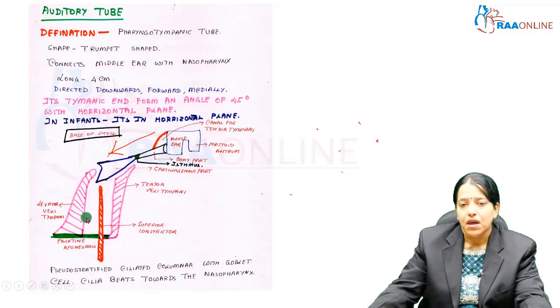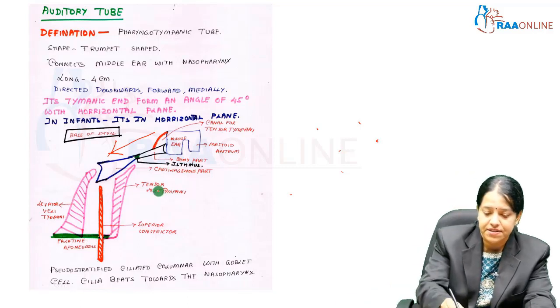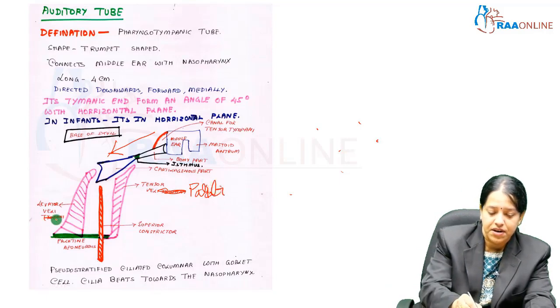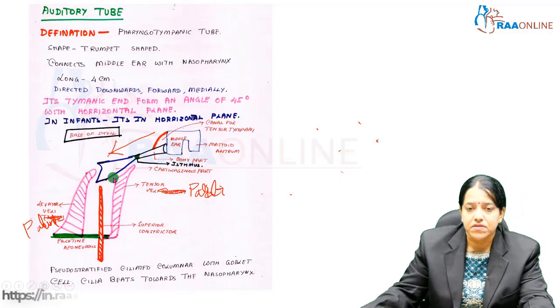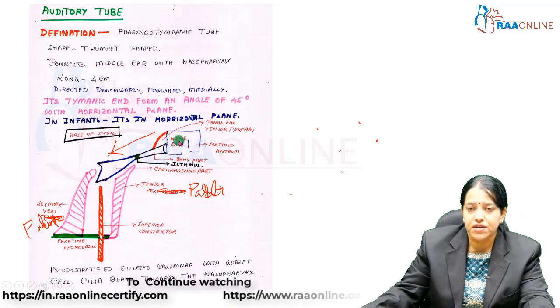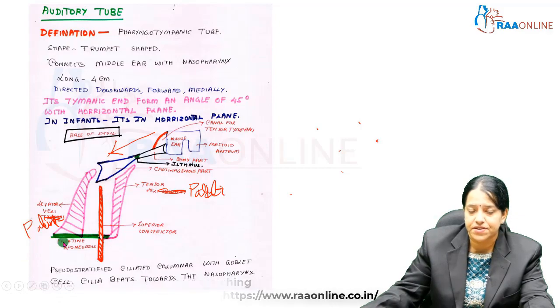This is the soft palate or the palatine aponeurosis. This is the cartilaginous part, this is the bony part, and this is the middle ear cavity, and this is the soft palate. So basically it is coming to the soft palate.